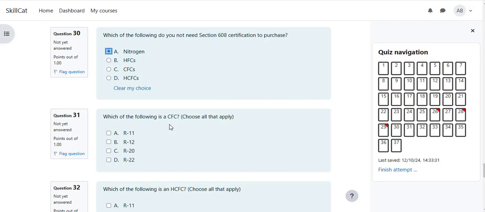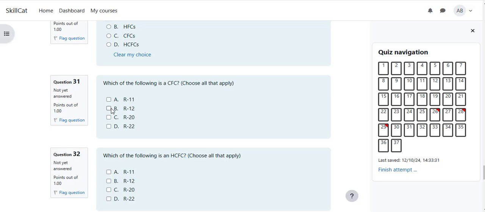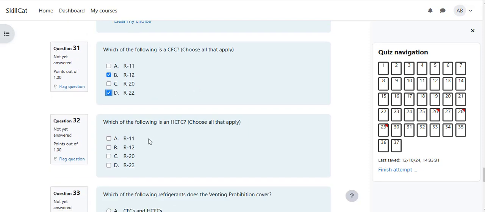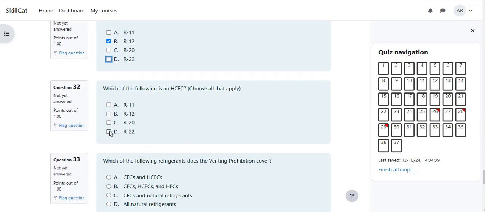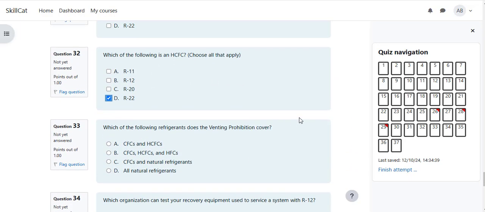Which of the following is a CFC? R12 and R22. Which of the following is an HCFC? CFC is R12, HCFC is R22. Which of the following refrigerants does the venting prohibition cover?